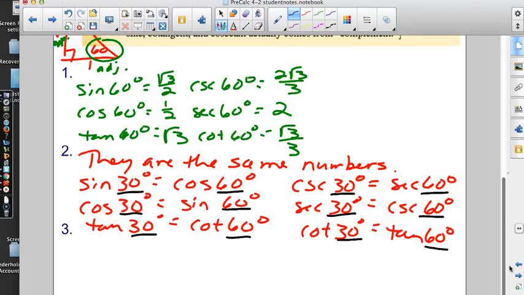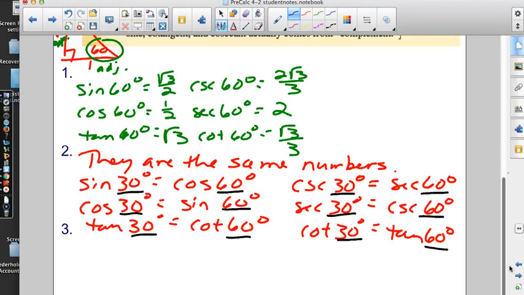That's what they wanted us to notice. That if you have sine, it's going to equal the cosine for its complement. If you have cosine, it's going to equal the sine for its complement. If you have tangent, it's going to equal the cotangent for its complement.